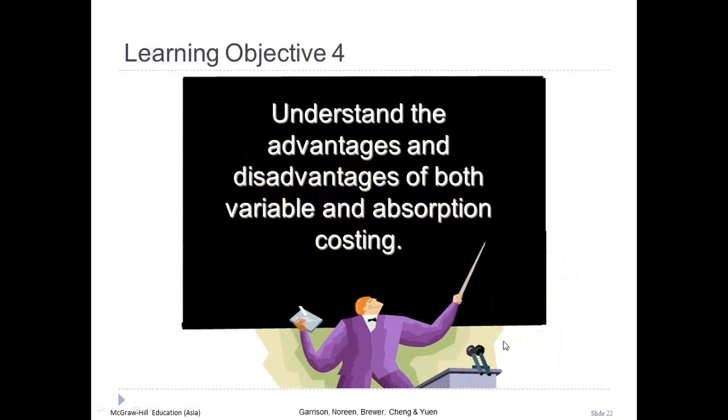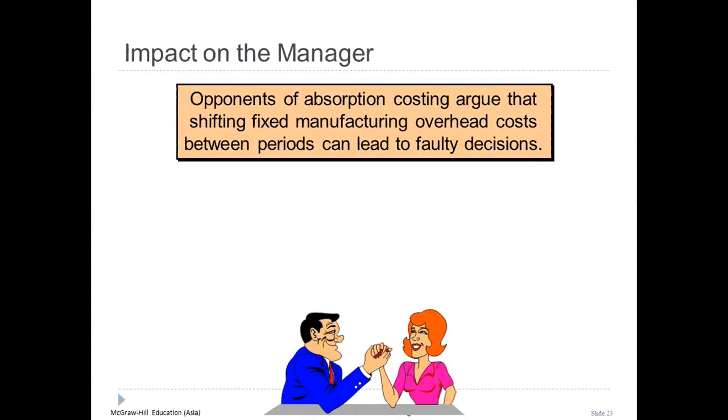Moving on, learning objective number 4. The advantages and disadvantages of both methods, variable and absorption costing. Opponents of absorption costing argue that shifting manufacturing overhead costs between the periods can lead to faulty decisions.